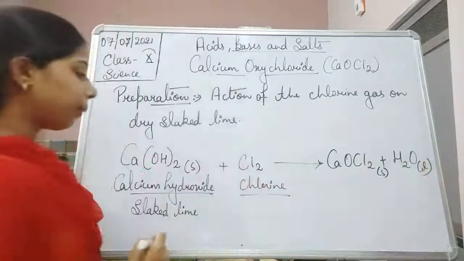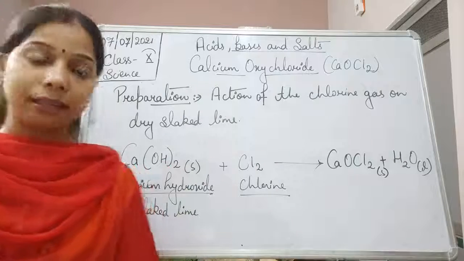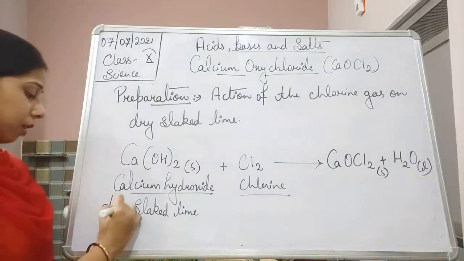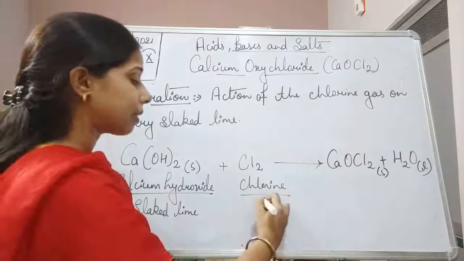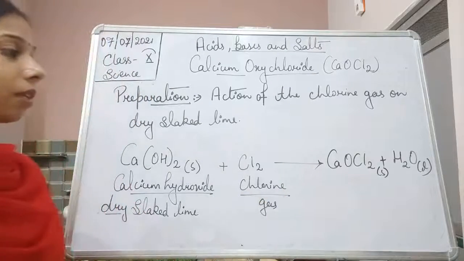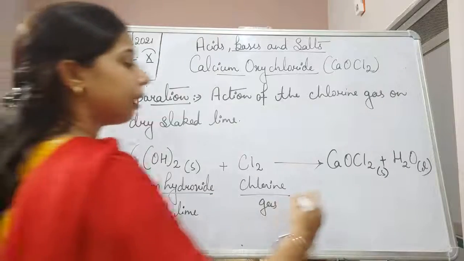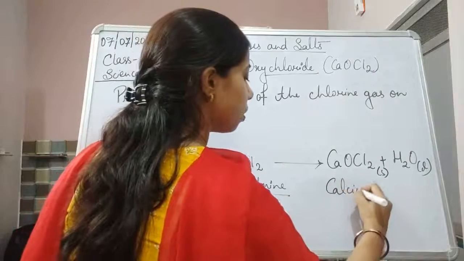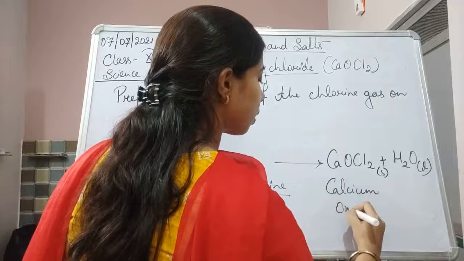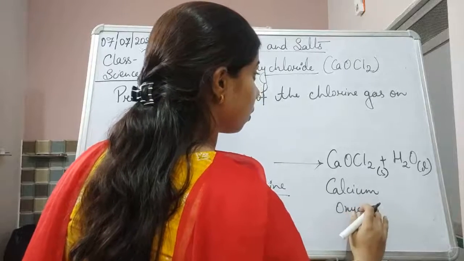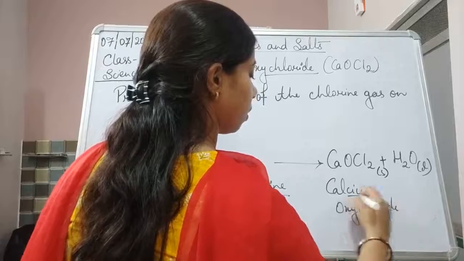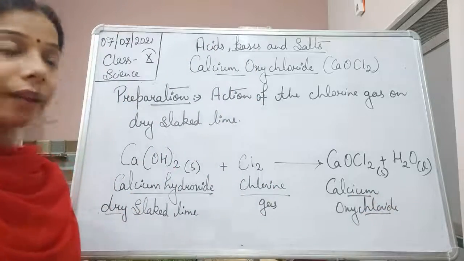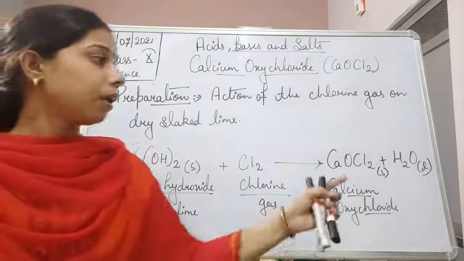So what happened when it is dry slaked lime, students. This dry slaked lime, when chlorine, which is a gas now here, is passed, then calcium oxychloride is formed here, and water is released.